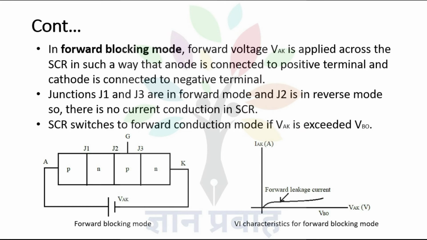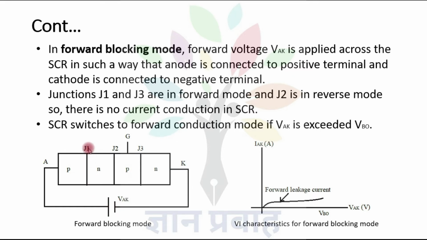In forward blocking mode, the schematic arrangement is given here. We are applying a voltage between the anode and cathode terminals in such a way that the positive terminal of this voltage is connected with the anode and negative terminal is connected with the cathode. It means P side is connected with the positive terminal and N side is connected with the negative terminal.